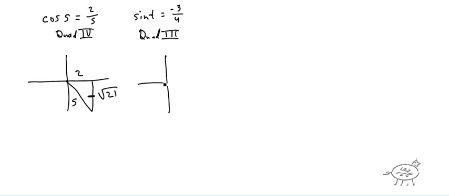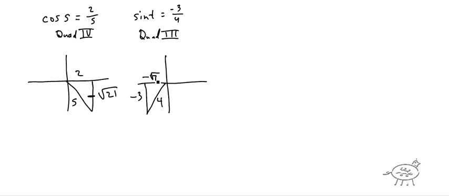And then this one, it's in quadrant 3, and it's y over r, so it's -3, 4. Now be careful, this is not a 3, 4, 5 triangle. This is a 3 something 4 triangle. So you have to use Pythagorean theorem, and if you do that, you get 16 minus 9 is 7. So this is negative square root of 7. Watch your signs again.